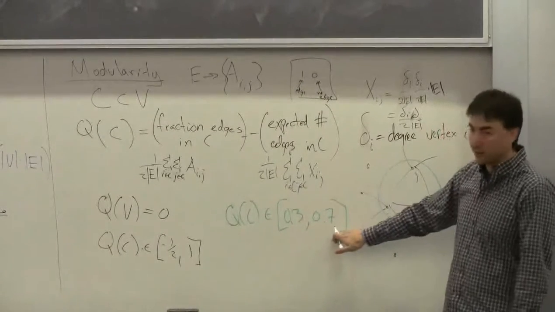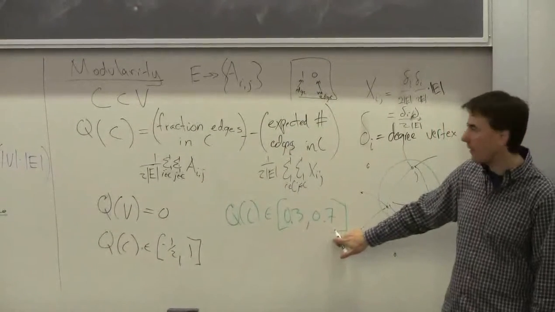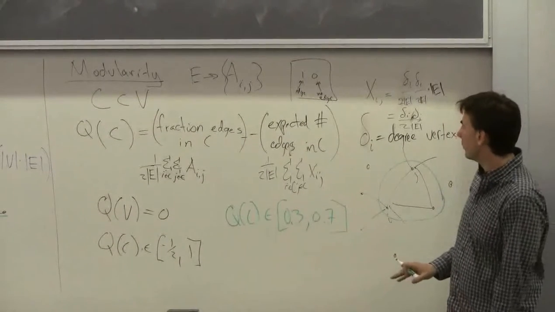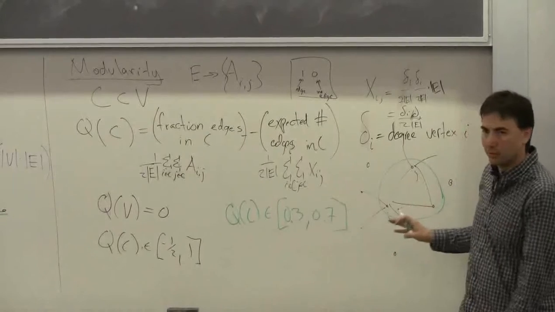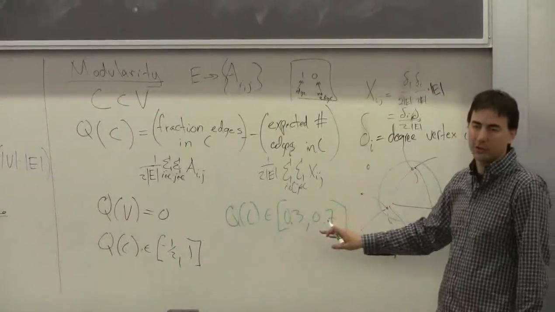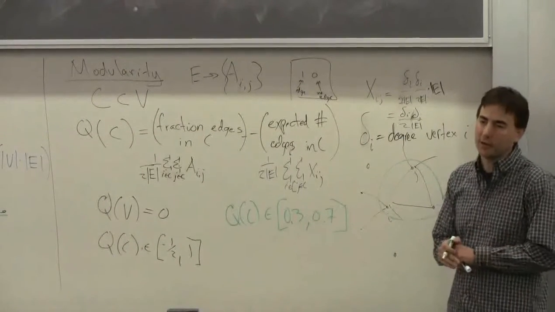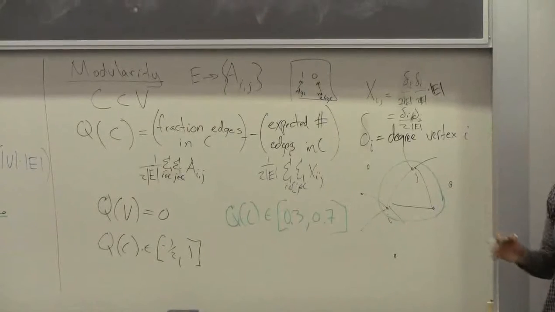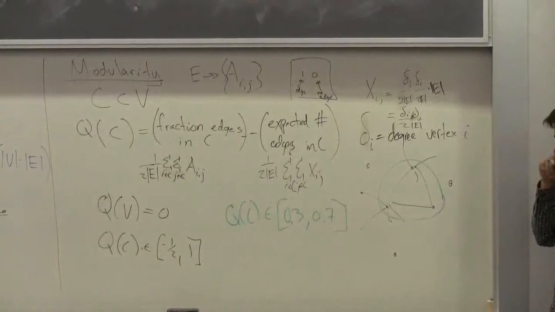And it's pretty rare to get above 0.7. It's hard to do examples that aren't really small, but I think you'd probably have to put almost all the edges in this community structure and very few edges outside, and probably have some nodes with no edges on them or some weird stuff like that.